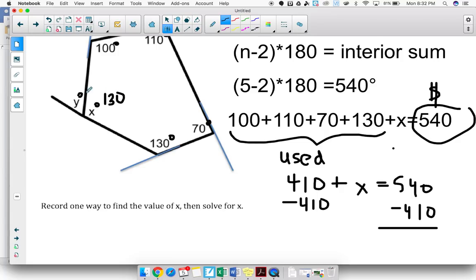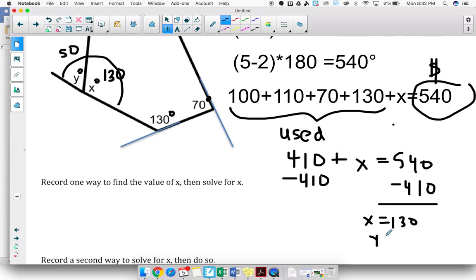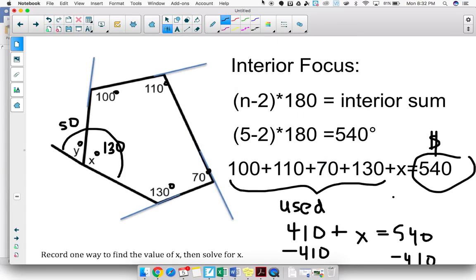Once we know this one, we know that X and Y are supplementary, so this one has to be 50. So X is 130 and Y is 50.